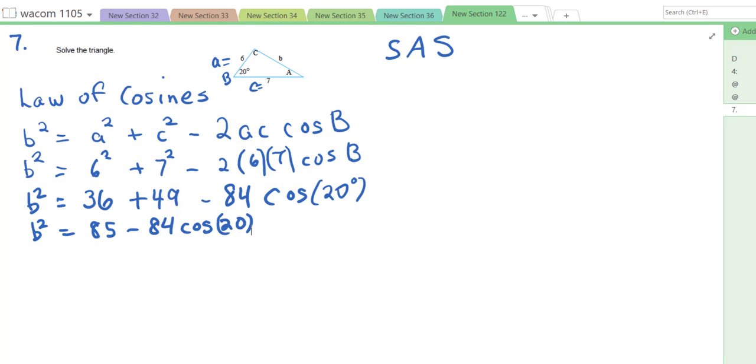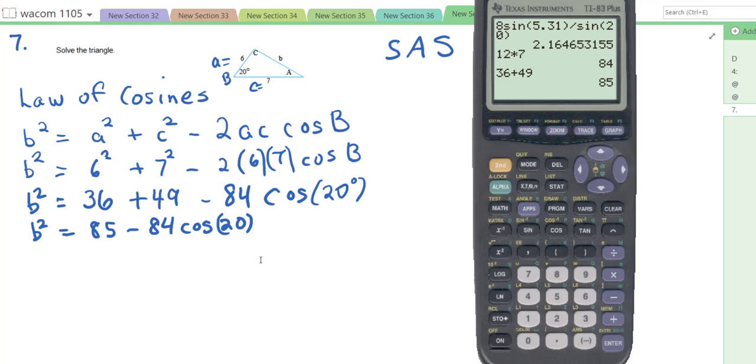So 85 minus 84 cosine of 20, enter. That is equal to B squared.